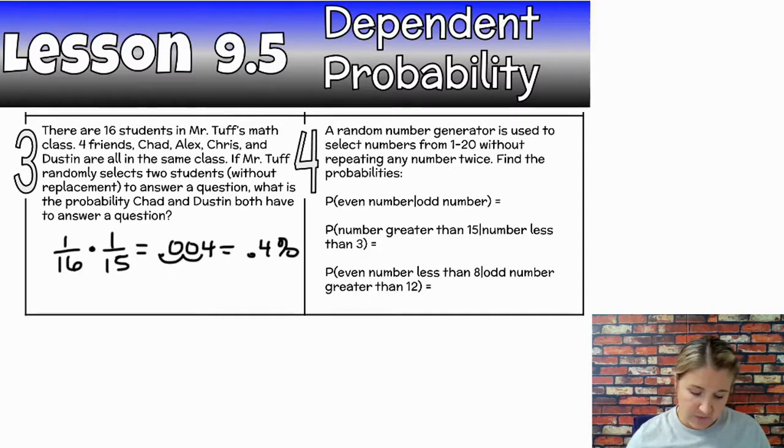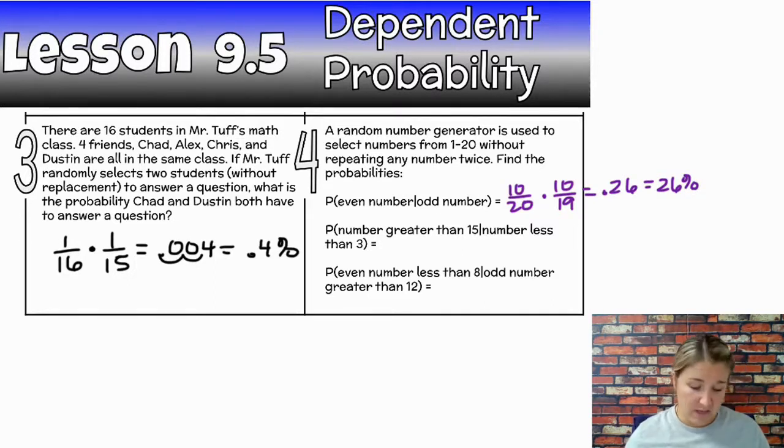So the probability that you get an even number is 10 out of 20. And then the probability that you get an odd number is now 10 out of 19 because it's not going to repeat itself. And so then multiplying straight across there, you're going to get 0.26 or 26%.